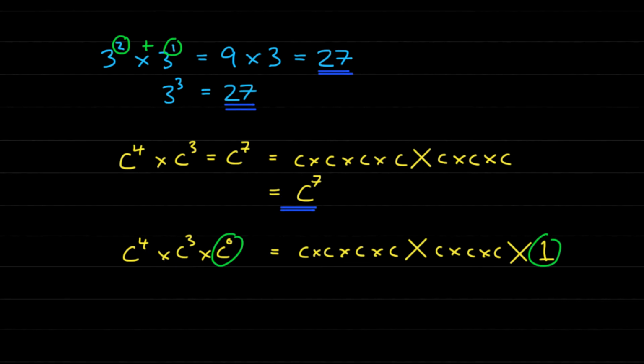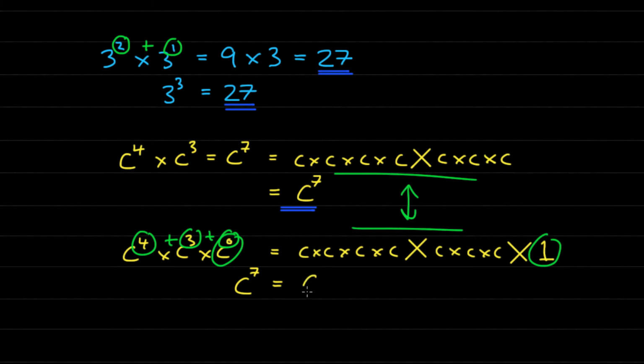Because if we now add these three together, we would of course get C to the 3 plus 4 plus 3 plus 0, which is 7. And this hasn't changed. This and this are the same. So of course, that should be C to the 7.